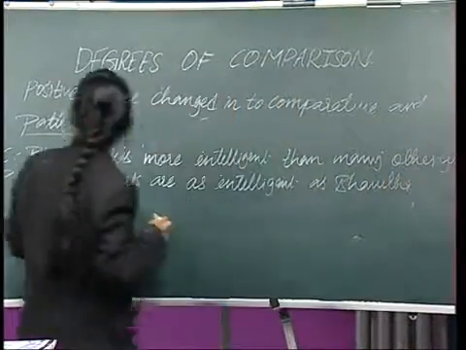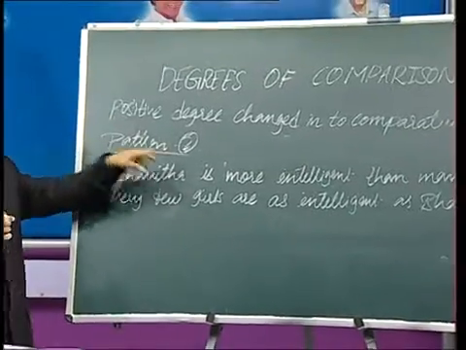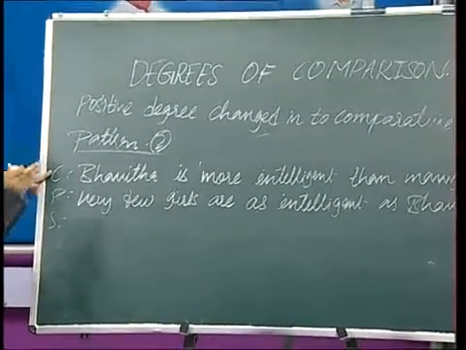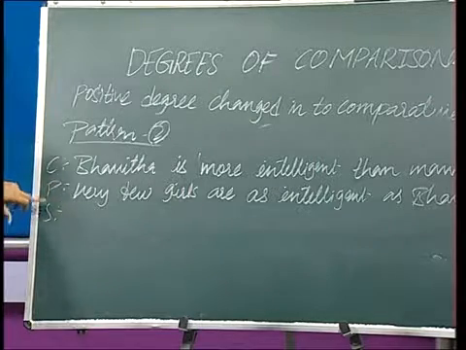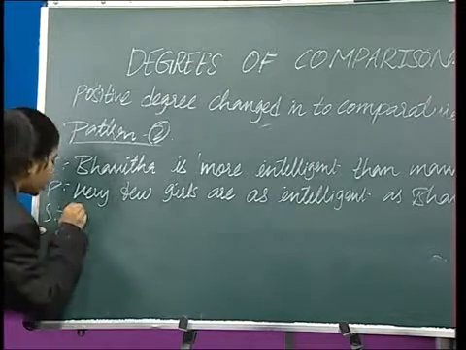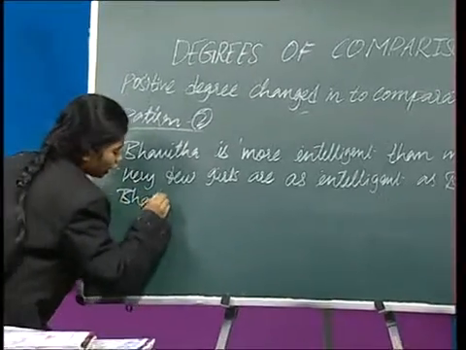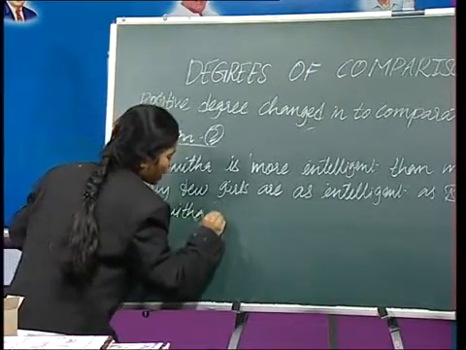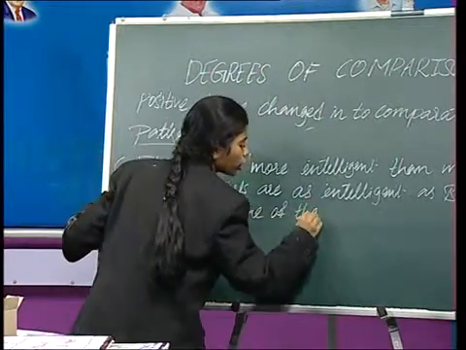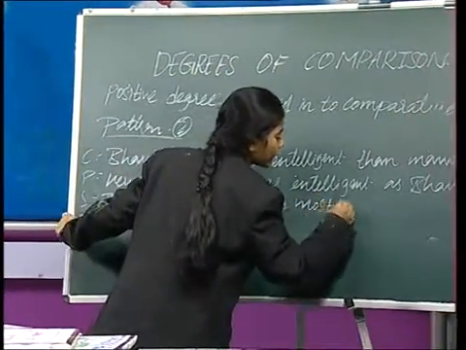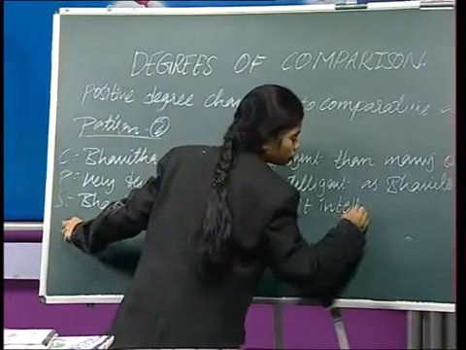Okay friends, what are we discussing? We are discussing pattern 2, how the comparative sentence is changed into positive and superlative. In the superlative, it becomes Bhavita is one of the most intelligent girl.